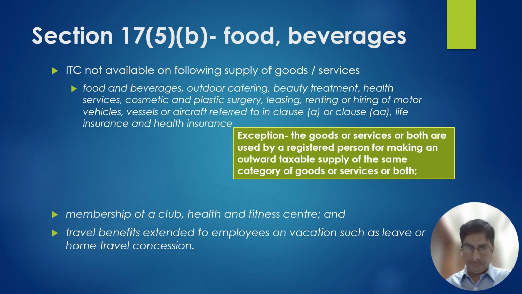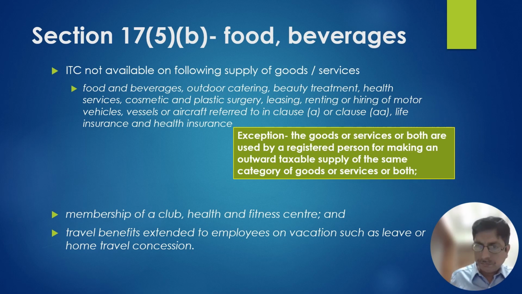Let's take an example that there is a factory, there are laborers, and under the labor law, it has been provided that the employer needs to give a canteen facility to the laborers. In that case, the credit of canteen service provided by the employer himself or subcontracted to the canteen service provider, the credit is available.